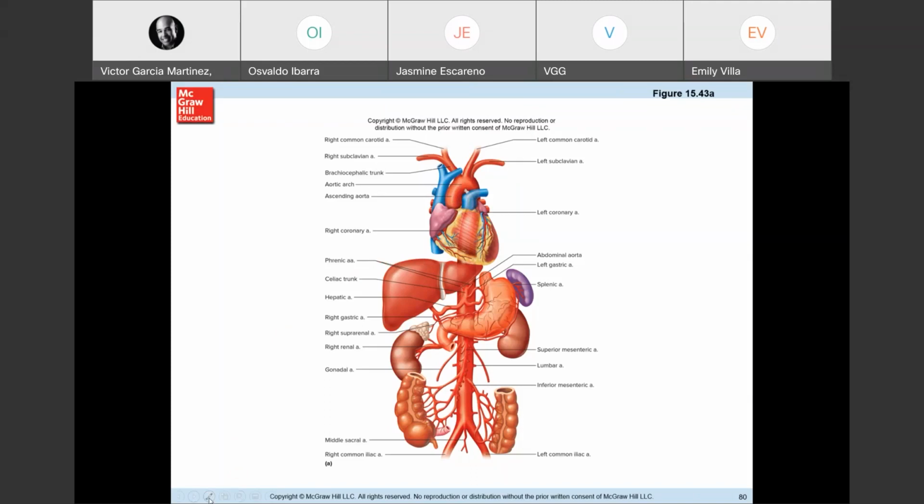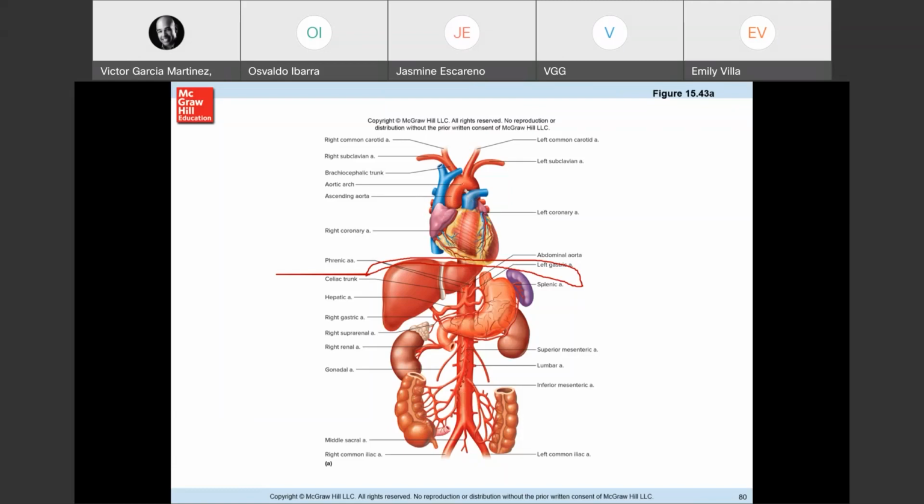Here we have the division between thorax and abdomen: the diaphragm. This muscle is the diaphragm dividing our thorax from our abdomen, and we have the thoracic portion of the aorta and the abdominal portion of the aorta.